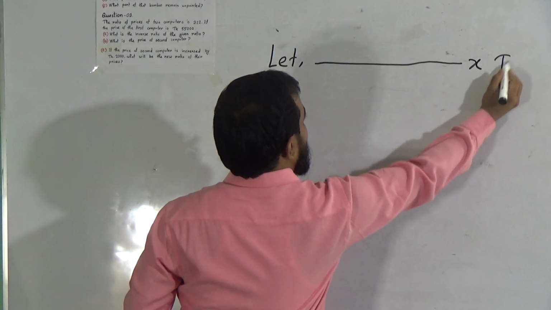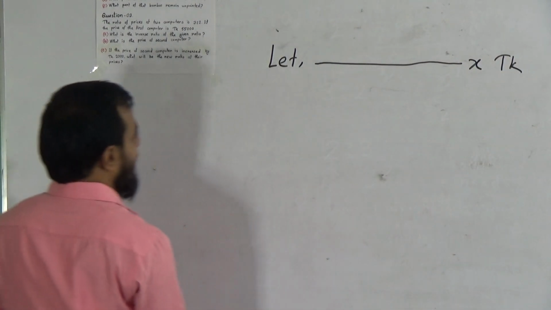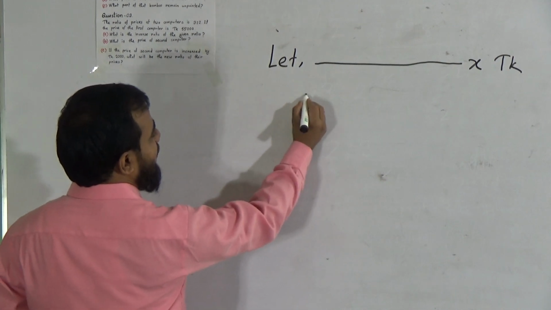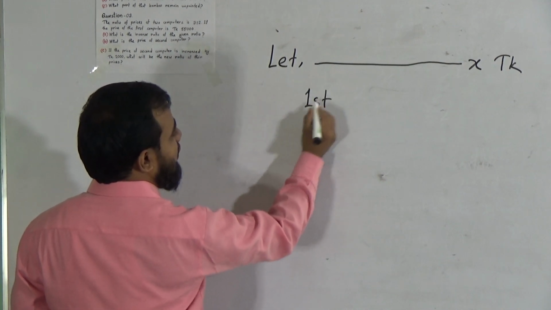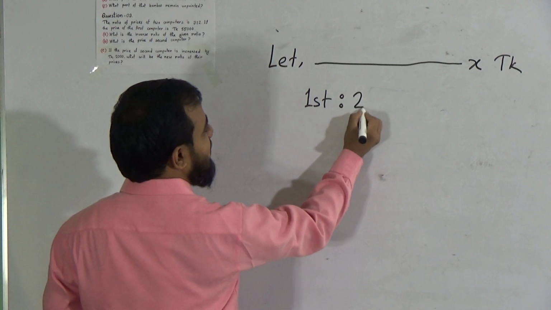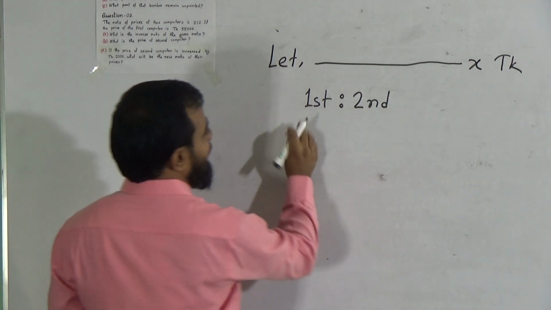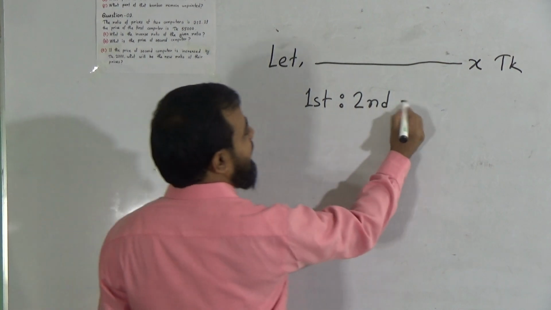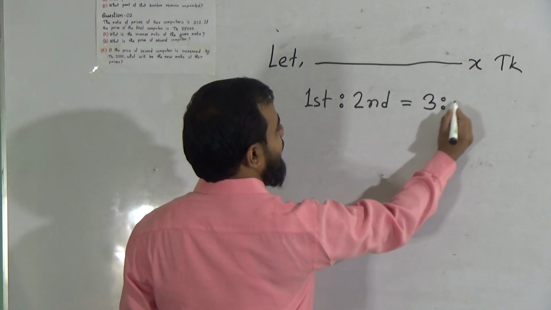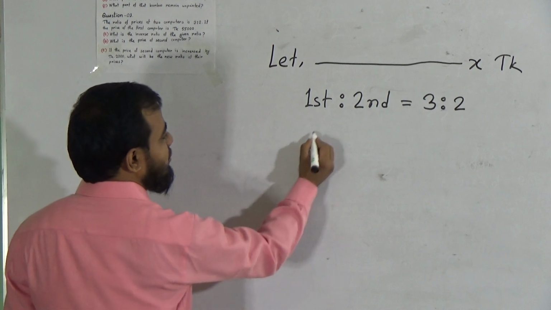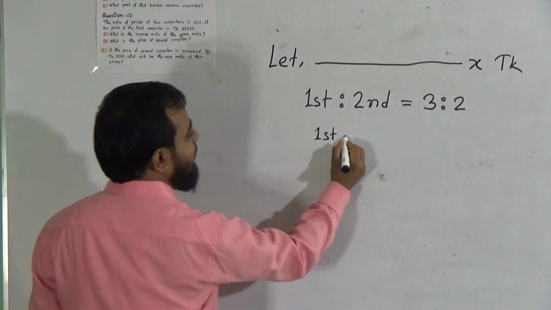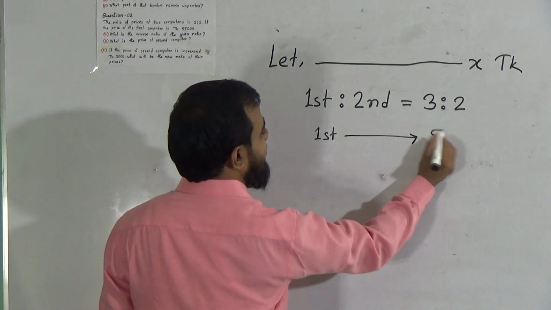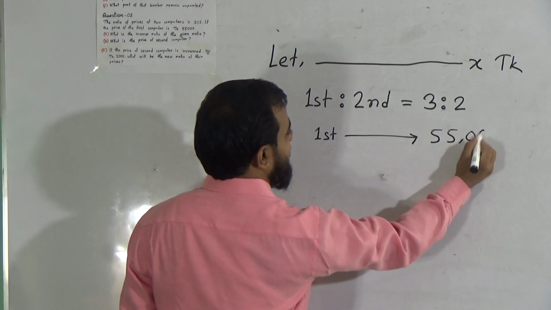The price of the first computer is to the price of the second computer equal to 3:2. It's given. And the first computer's price is given: 55,000 taka.